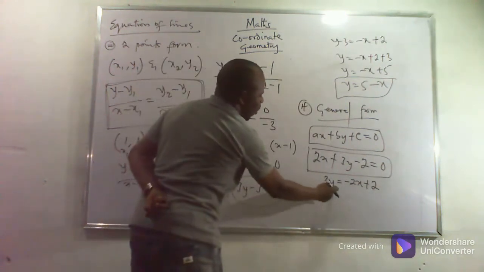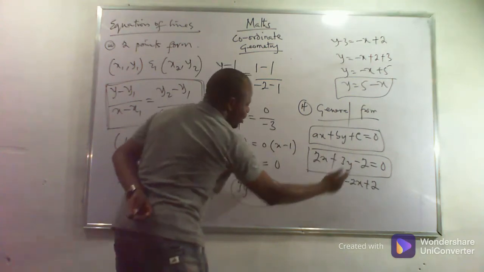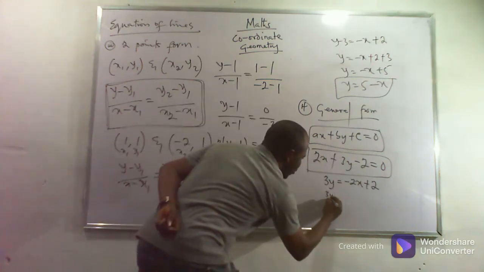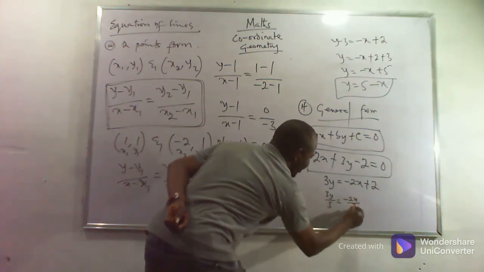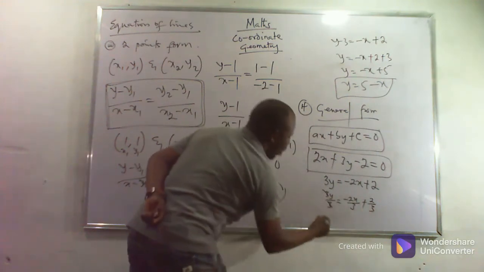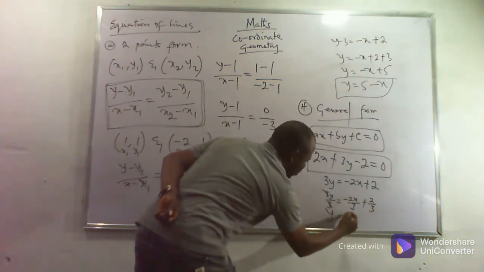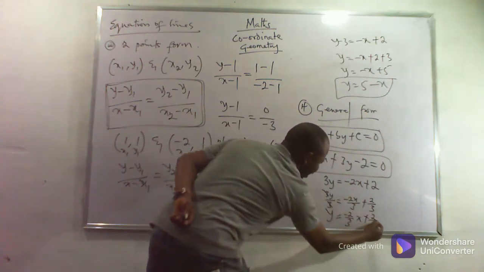Now, you have 3y. You need to get the coefficient of y to be 1. So divide by 3. So you have 3y over 3 equals minus 2x over 3 plus 2 over 3. So what do we have? y equals minus 2 over 3x plus 2 over 3.